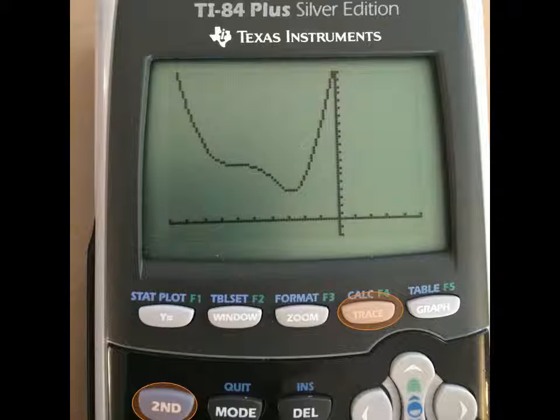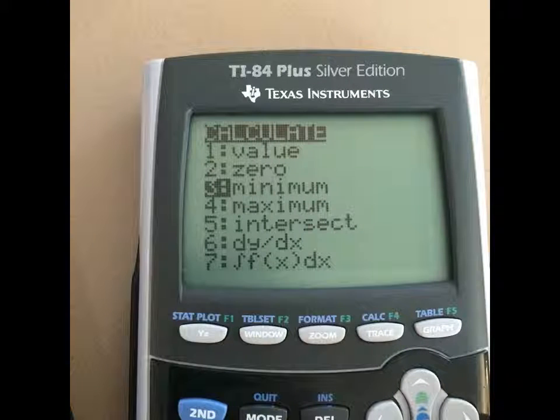This is the graph for distance as a function of x. Press second, then calc. Select minimum and press enter.